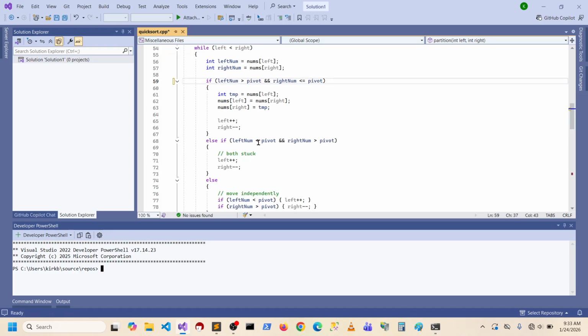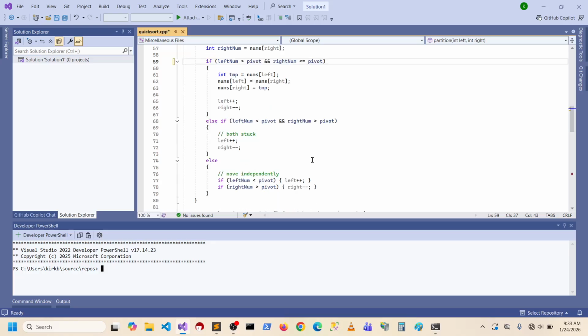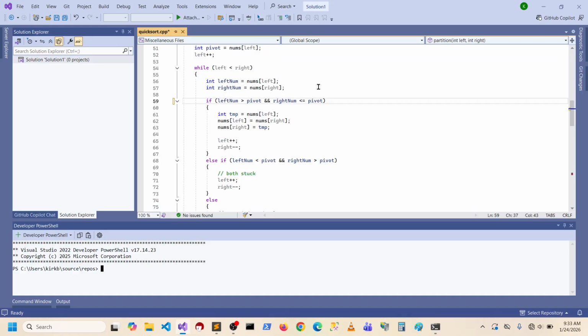Else if left num is less than pivot, it's greater than pivot. That's when they're both stuck. They can't move. So we don't have to adjust the movement things. It's really in this comparison. Like I said, it's usually some kind of equals or something like that. Let's do that.